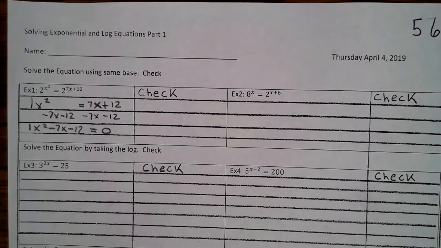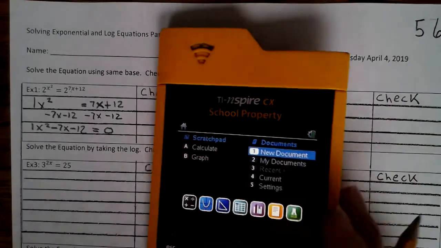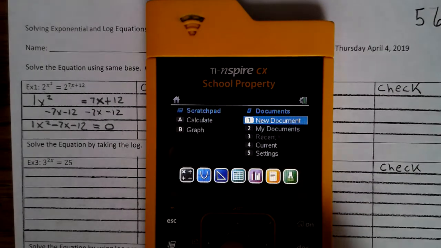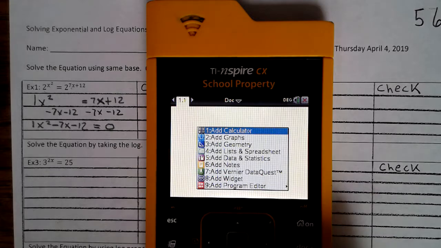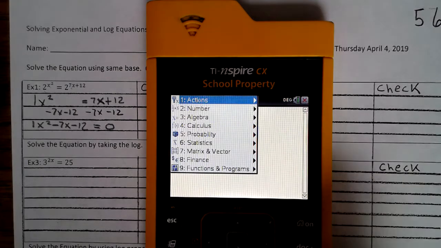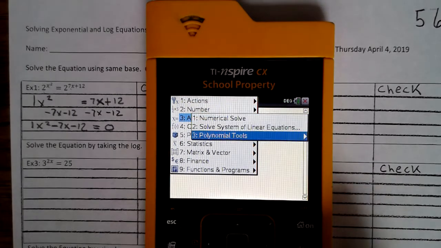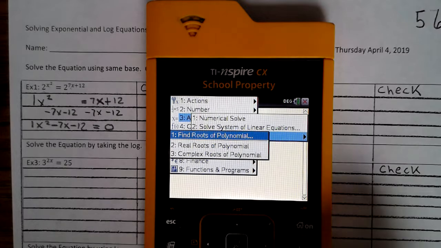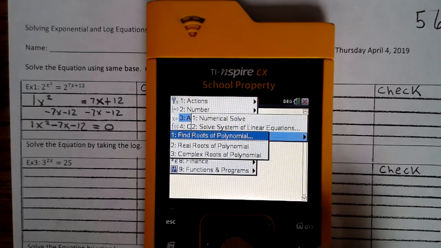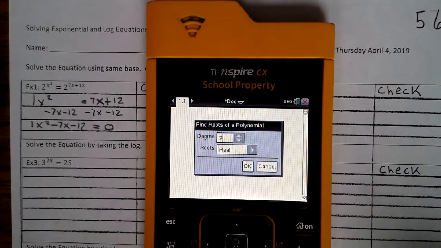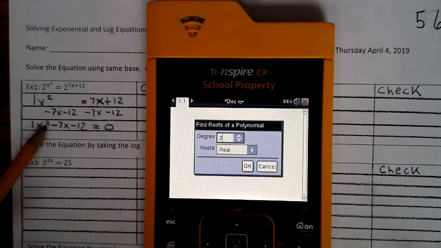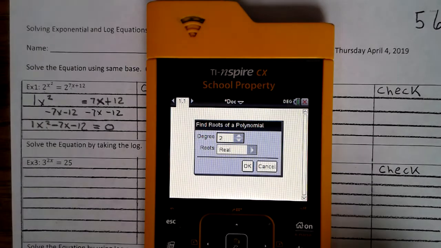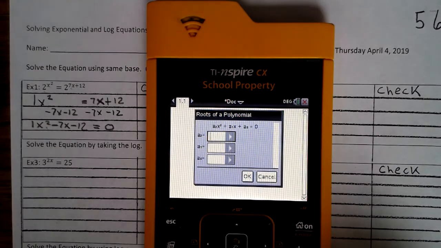At this point, we're going to use our calculator to solve. So we're going to go to New Document, Add Calculator, Menu, Algebra, Polynomial Tools, Find Roots. The degree is 2, which you can see right here, okay? And press Enter. The values are 1, -7, -12.